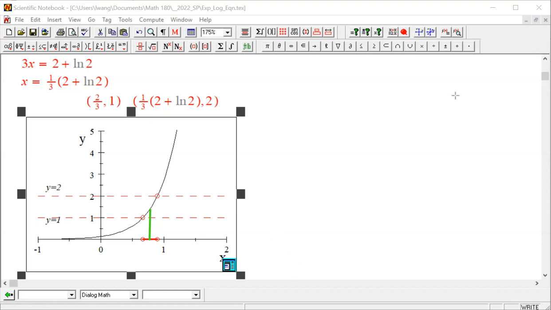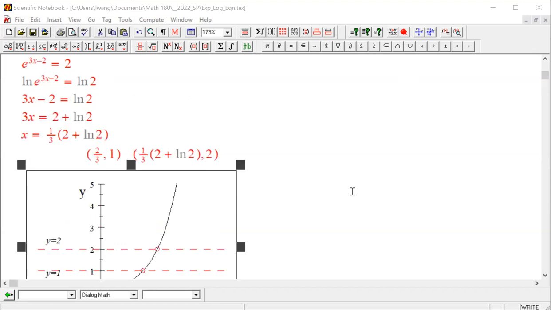So that's the geometric meaning. You can see we draw a horizontal line, because we know the output is between 1 and 2, and we're just looking for the inputs. So this is the illustration.